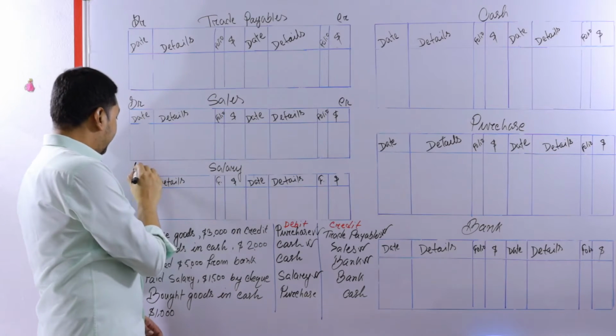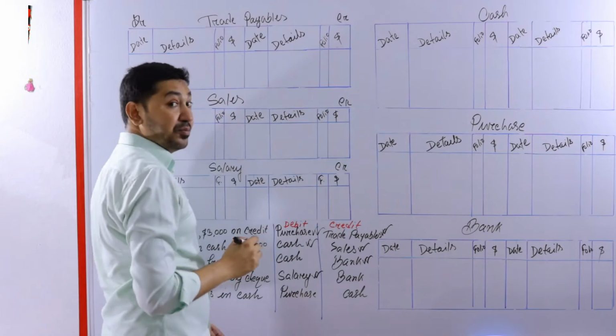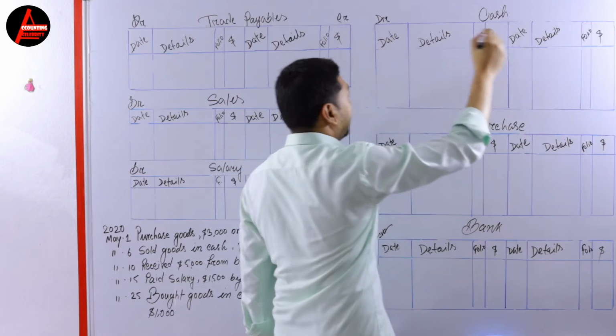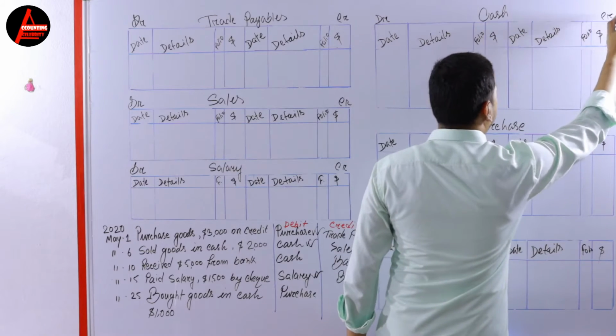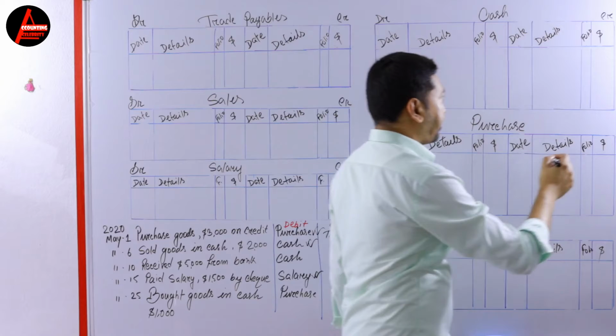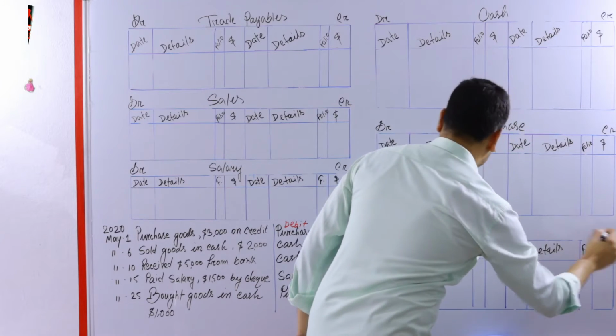Students sometimes forget to write DR and CR, but it is important to write them. It's a mistake if you do not write them, so try to get rid of this mistake. Yes, we finished writing DR and CR here.